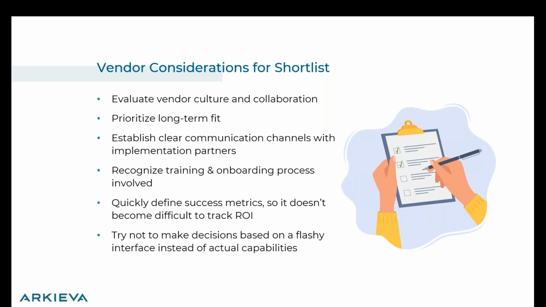You want to make sure you have communication open both with the vendor as well as with implementation partners. By that, I mean that sometimes the software vendor just sells the software. The implementation is done by some other company, so you want to have that. You want to recognize the training and onboarding process that they will provide to you, because that needs to match how you would use the system. Certainly ROIs and success metrics.